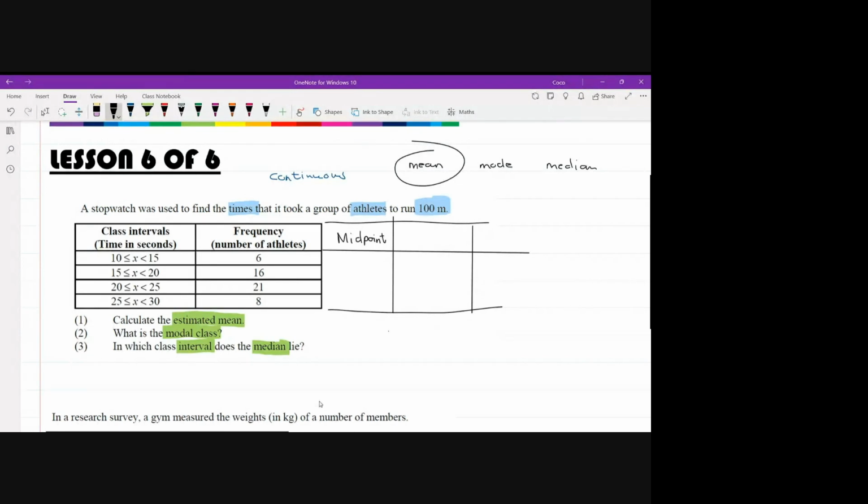So please draw that and then add in there the midpoint, and then I'll tell you what the other column is. Yes, that's it, V, correct. We're going to take midpoints times the frequency. And then you can put any emoji you want on the screen when you've drawn the whole table.